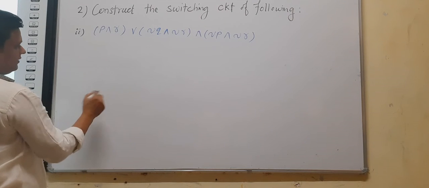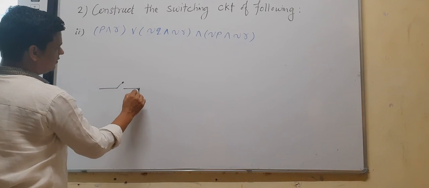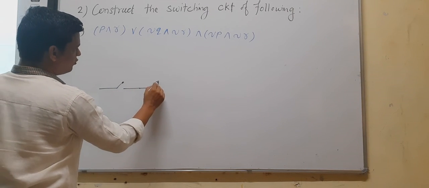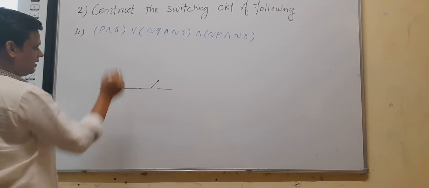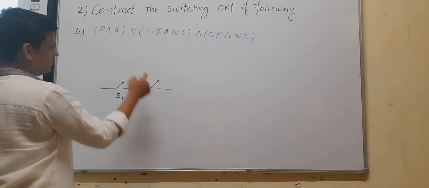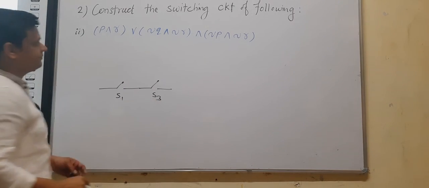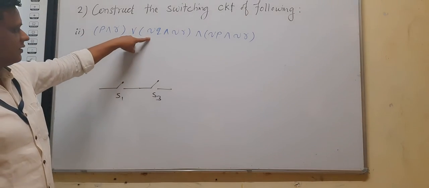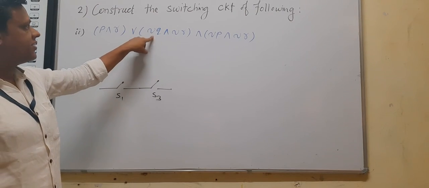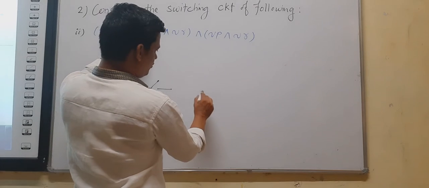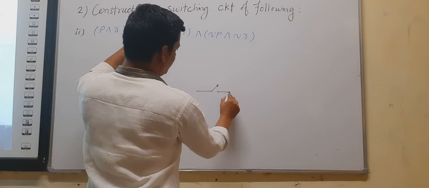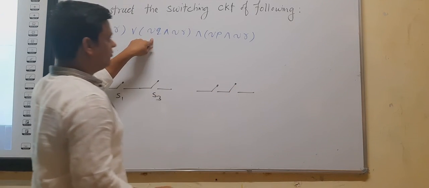P and R means we have to connect two switches in series combination. P R, that means first S1, second S2. For the second bracket, negation Q and negation R, we have to take again a series combination.